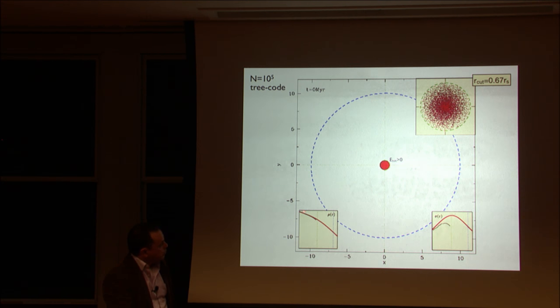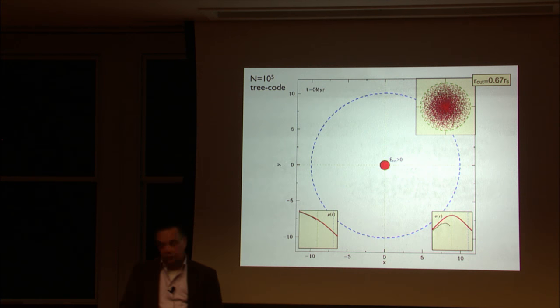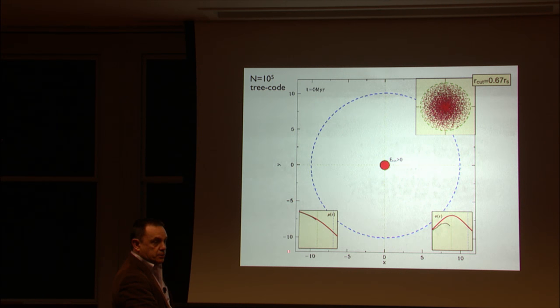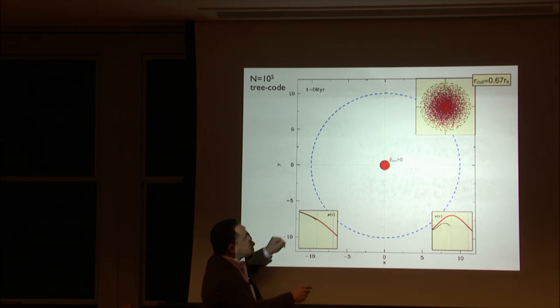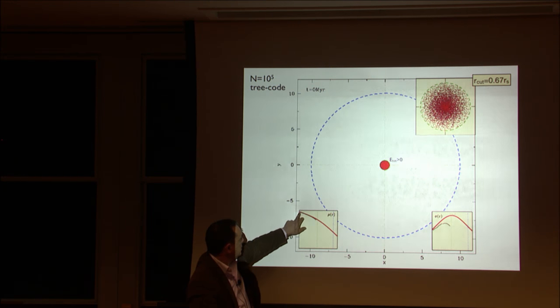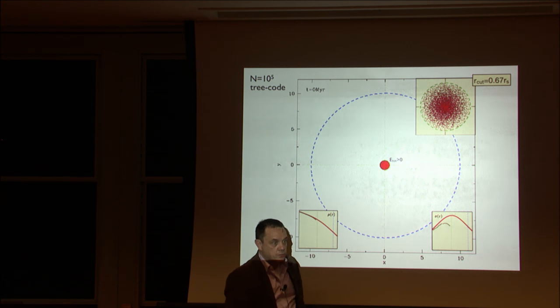Here you see the original NFW profile, and in black is what I've stripped off, at the green line. This is the radial density profile, density as a function of radius, and this is the radial velocity dispersion profile.